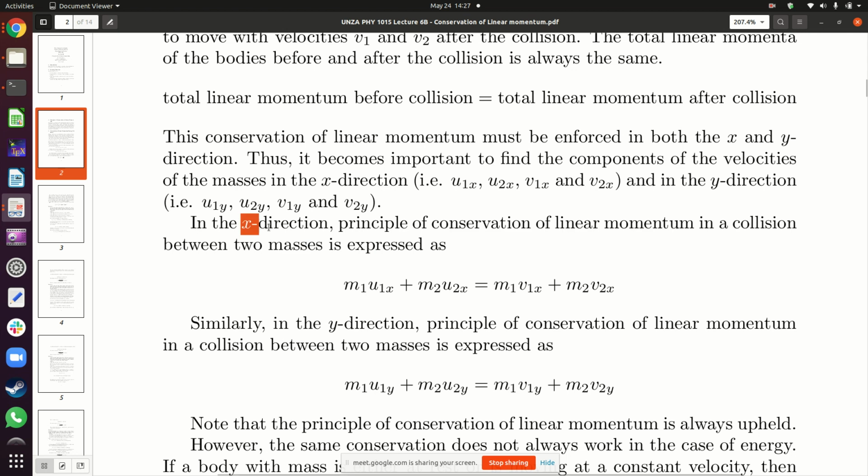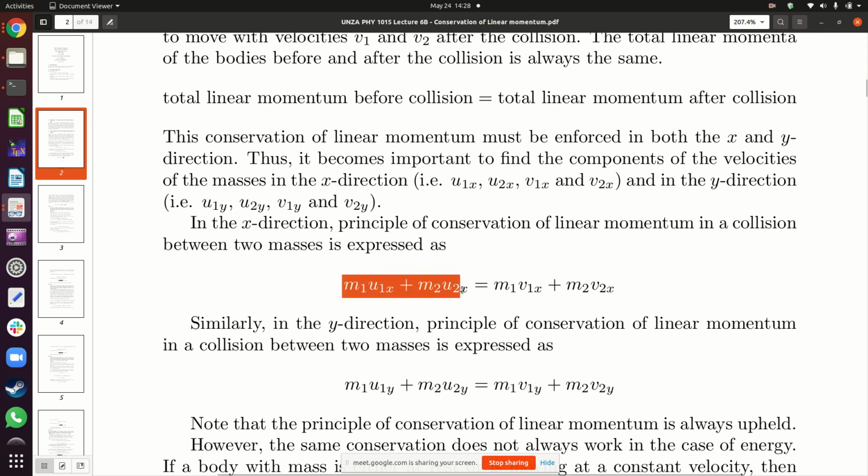the x direction. So in this case, we're going to talk about the first mass, which is m1. We multiply it with its velocity before collision along the x direction, which is u1x, plus mass 2 multiplied by the velocity of this mass before collision along the x direction, which is u2x.